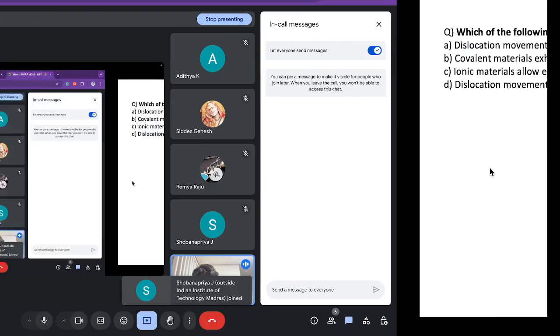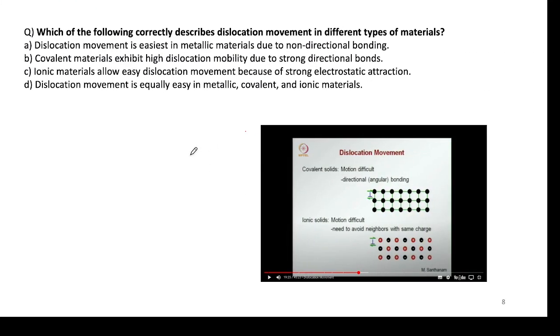Everyone is joining late. Okay, no problem. Try to answer this. Take some time. If you do not understand what dislocation movement is, then you can just unmute yourself and ask. If you don't understand anything in this question, just ask, because maybe you have missed the previous explanation of dislocations.